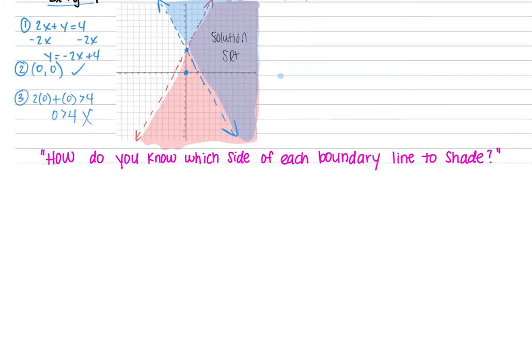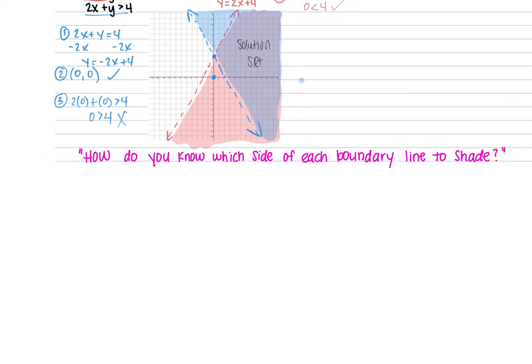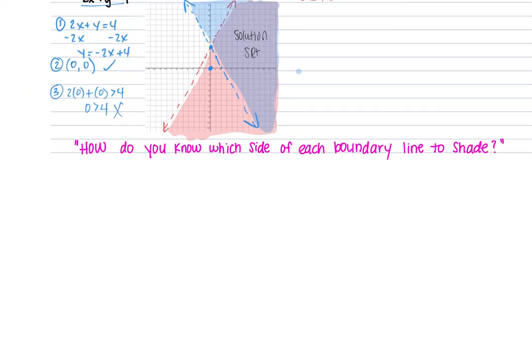Moving on. Really quickly, how do you know which side of each boundary line to shade? Who can answer that question for me? David? That's the point 0, 0 works. Yeah. So we have a test point. You test a point. If it works, shade that side.